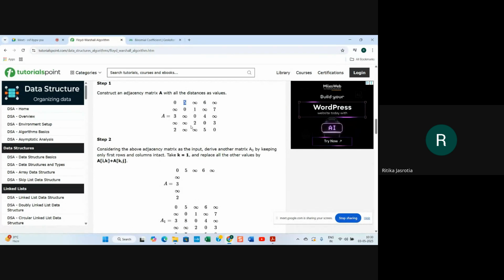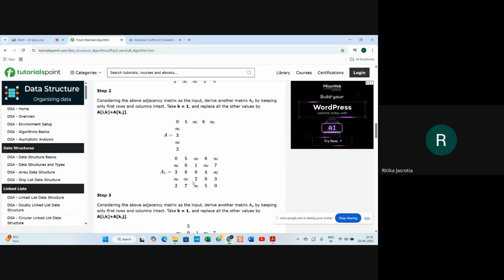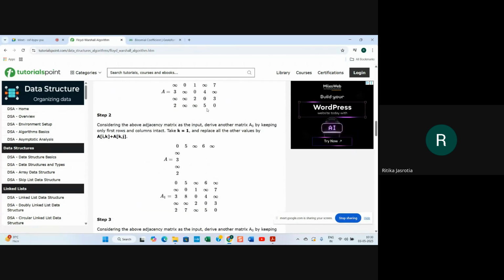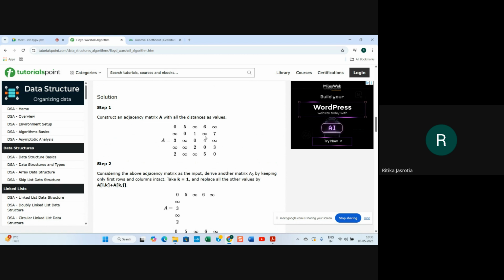Then this one is 3, 2. 3, 1 plus 1, 2. 3, 1 is infinity and 1, 2 is 1. Infinity plus 1. 3, 3: 3, 1 plus 1, 3. 3, 1 is infinity, 1, 3 is infinity.